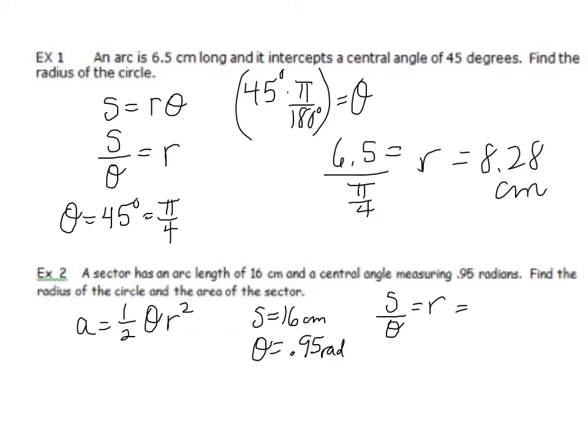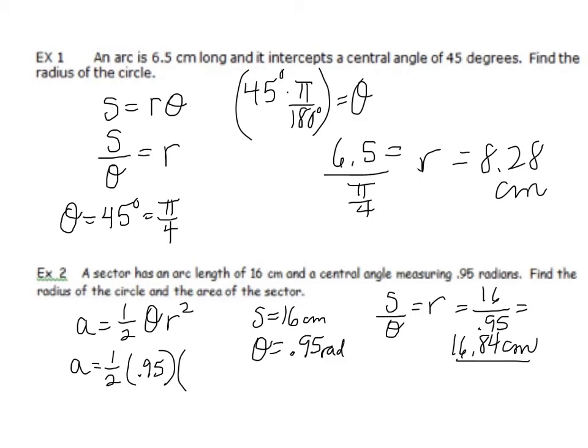So when I substitute 16 and 0.95, my radius is going to be 16.84 centimeters. Now that I have the radius, I can put that in for the area. So I have 1/2, theta is 0.95, and the radius is 16.84 squared, and that's going to get me 134.74 centimeters squared.